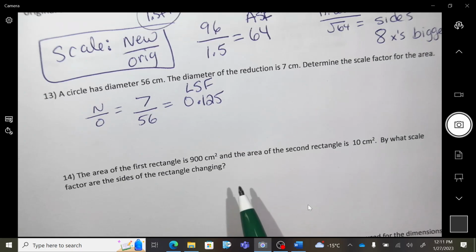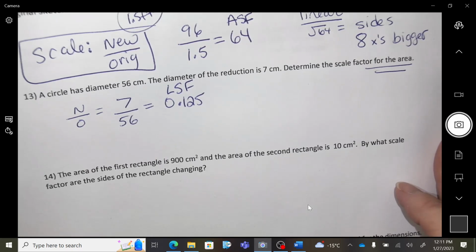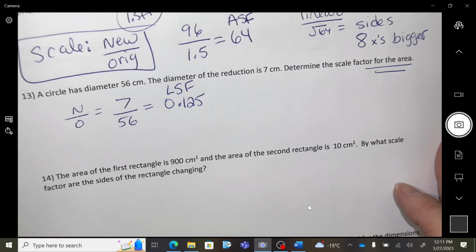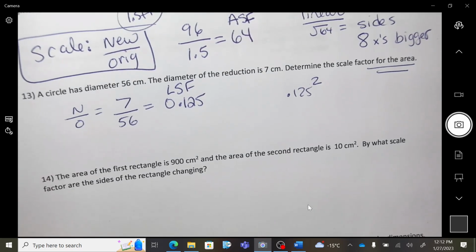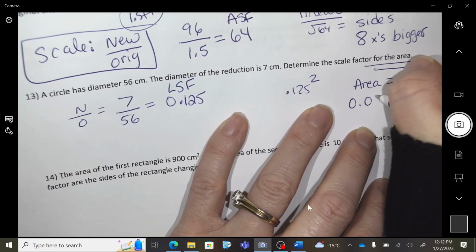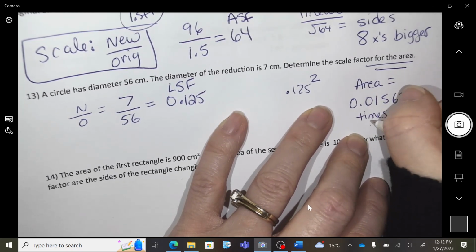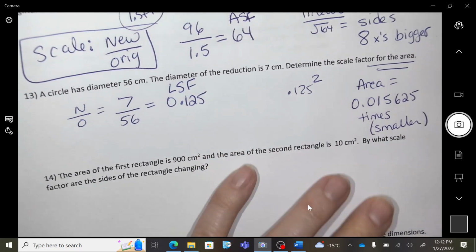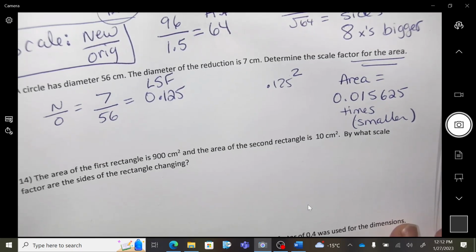Because the diameter is linear. So what did the area change by? How do I go from linear to area? I square it. That's how much times the area would be smaller, it's shrunk, right? The area is that much times smaller.